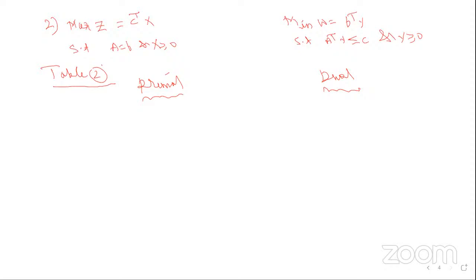Maximization problem becomes minimization. Number of constraints, number of variables.